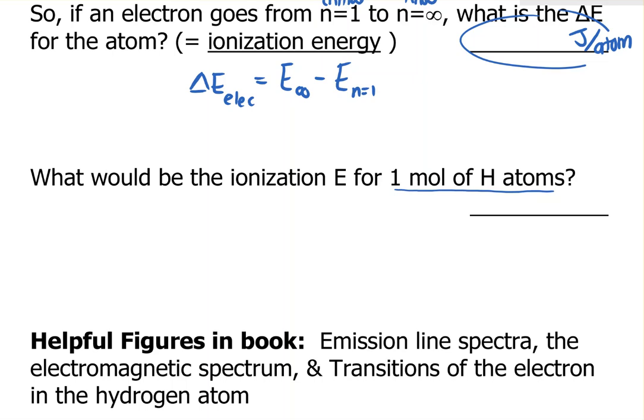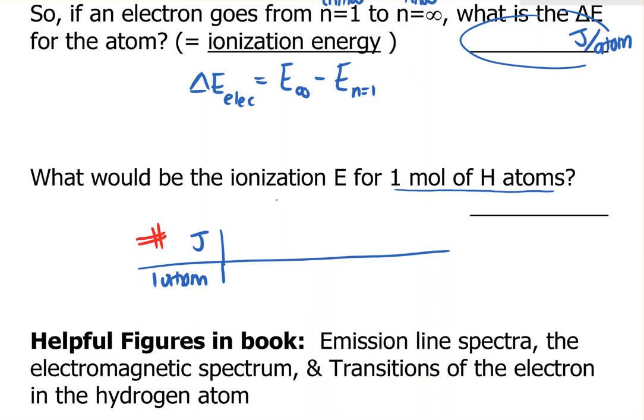So what you're going to do is take your joules per one atom, whatever number you have there.